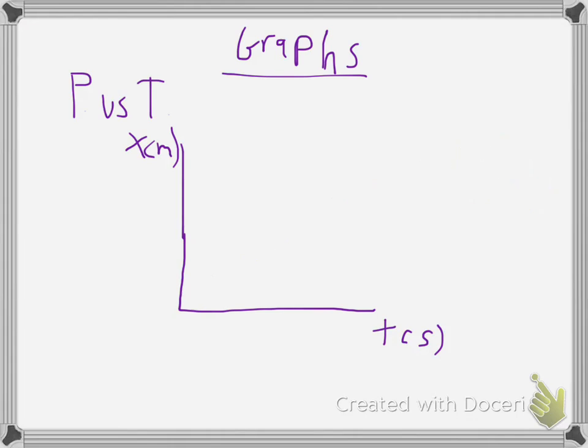If we have it moving in the opposite way, that means it's moving left at a constant speed. If it's like this, it means it's moving right.